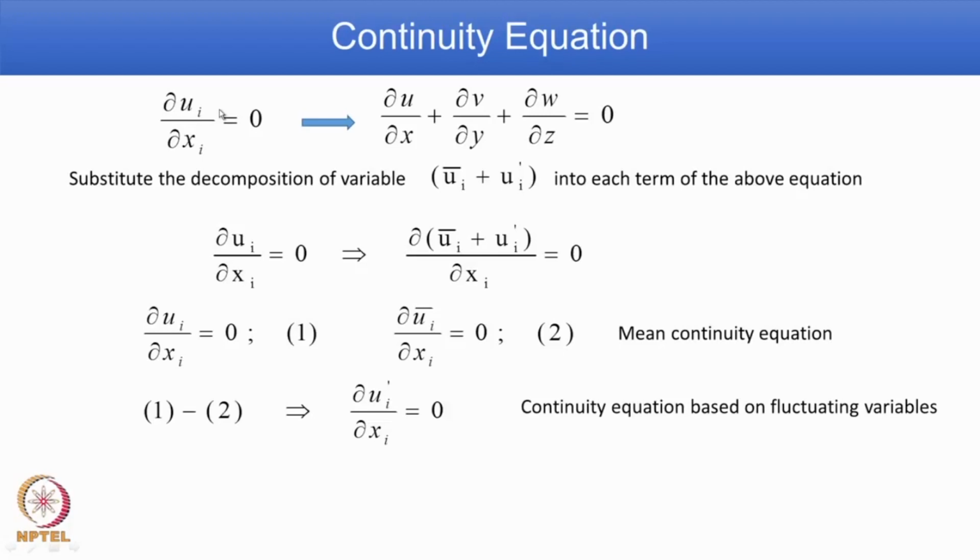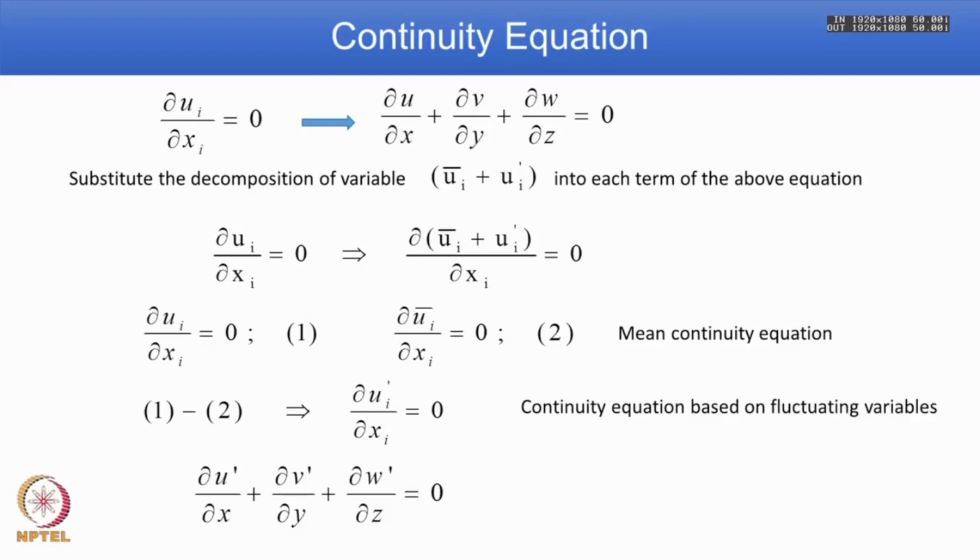When we use the continuity equation for turbulent flow, we interpret u as an instantaneous quantity. We apply the decomposition for the instantaneous quantity as the summation of mean plus deviation. If you substitute, you get two separate equations, one based on the mean quantity, another based on the fluctuating quantity.